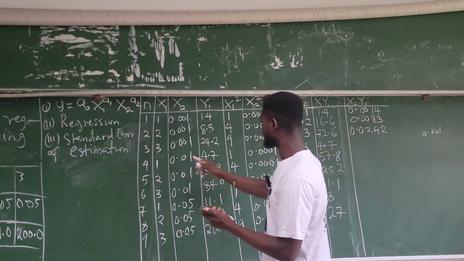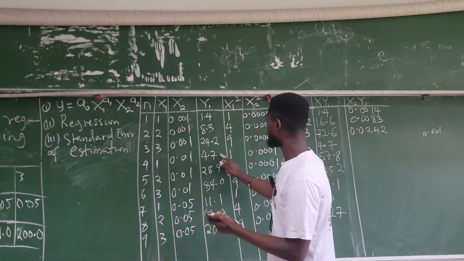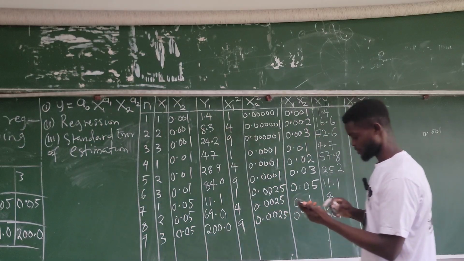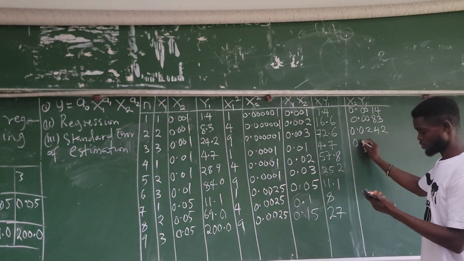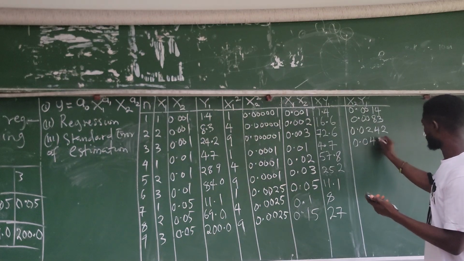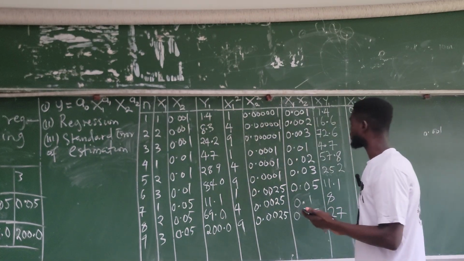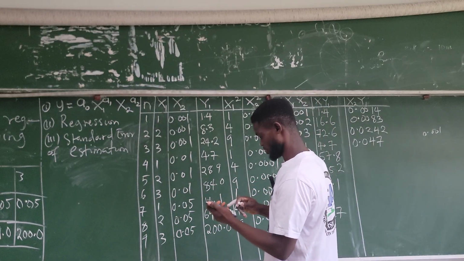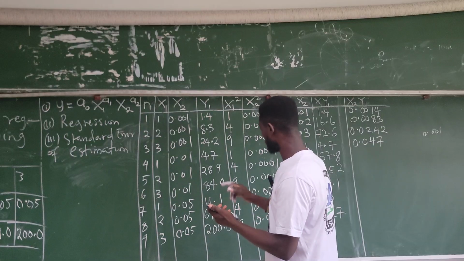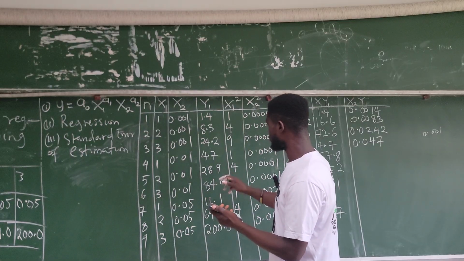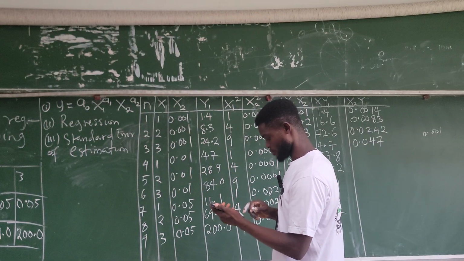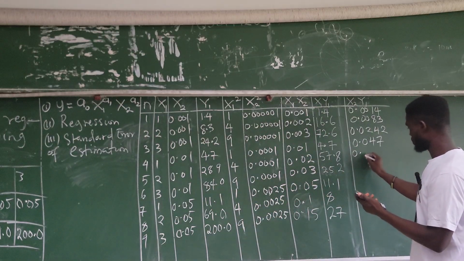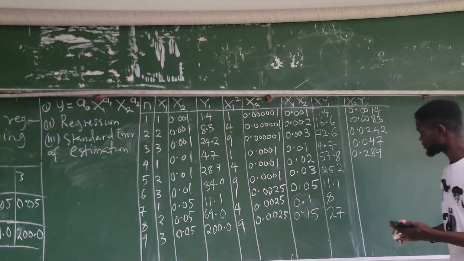So we have this 0.01 times 4.7. That will give us 0.047. So after that, we're going to have 0.01 times 28.9. So we're going to have 0.289.